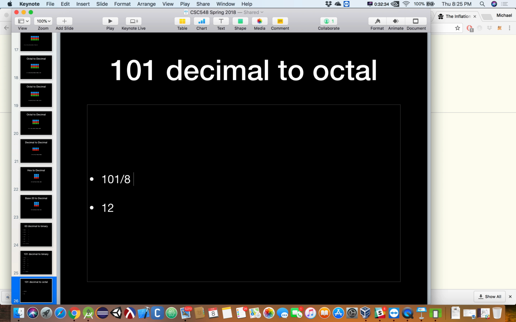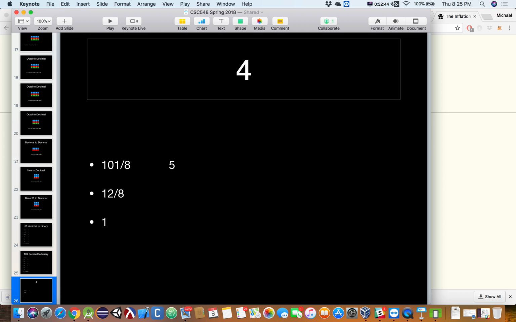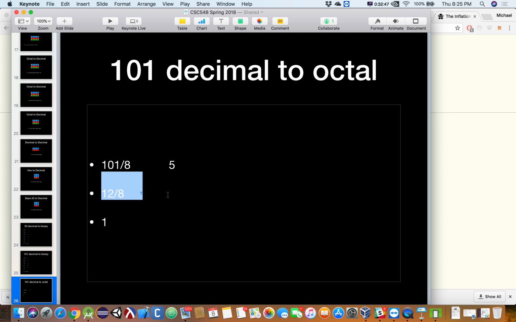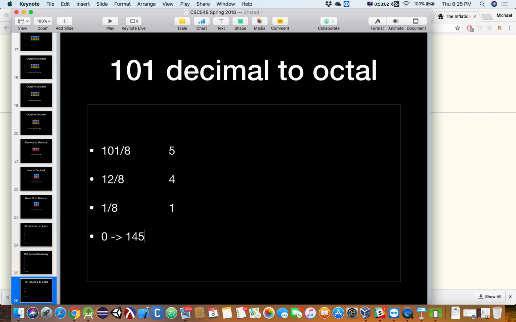So that's a remainder of 5. 12 divided by 8 is 1. 1 times 8 is 8 with a remainder of 4. 1 divided by 8 is 0. 0 times 8 is 0 with remainder 1. And we read it from bottom up. So this is 145 in octal. And now you can use your other way to convert back to decimal and see that you'll get 101 out of that.